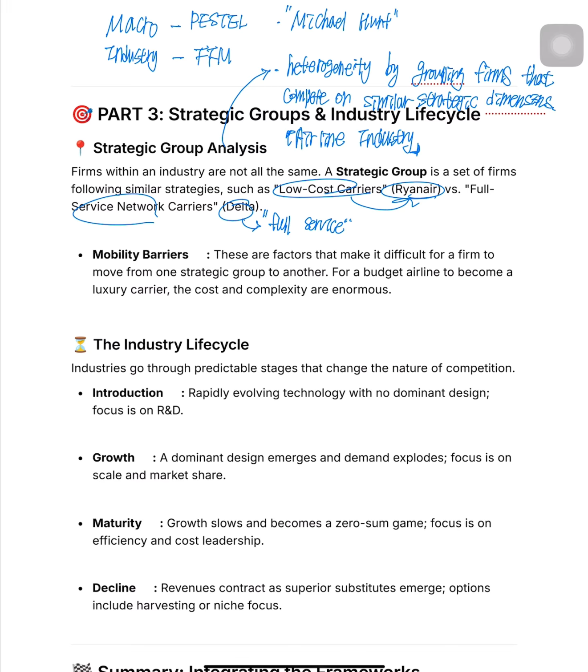They might include pricing and price level, product range and quality, geographic scope, the degree of vertical integration, distribution channels, levels of customer service, the degree of technological innovation, and so on. The relevant dimensions vary by industry.